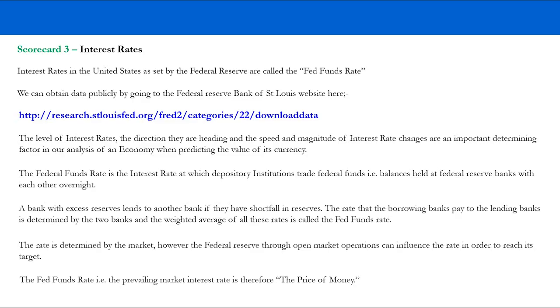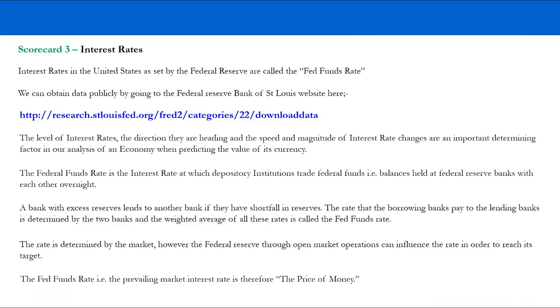However, the Fed, through what they call open market operations, basically influences the rate in order to reach their target. So the Fed funds rate, the prevailing market interest rate, is therefore the price of money, so the price at which money is borrowed and lent.